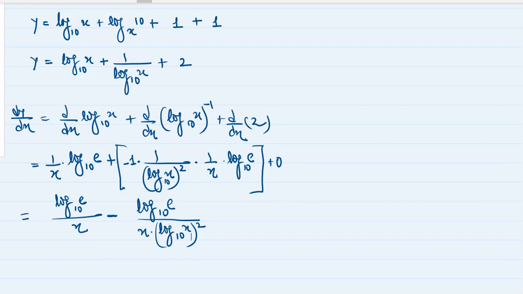So we had 1 by x, we had log of e to the base 10, we had log of x to the base 10, the whole square in the denominator. Okay, I think why not take LCM and simplify this, yeah? Because I don't think this is a very convenient form to express.